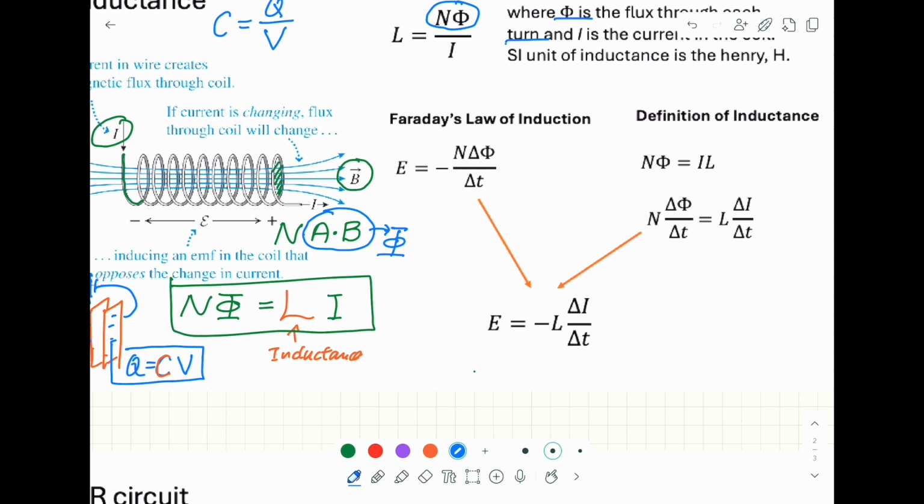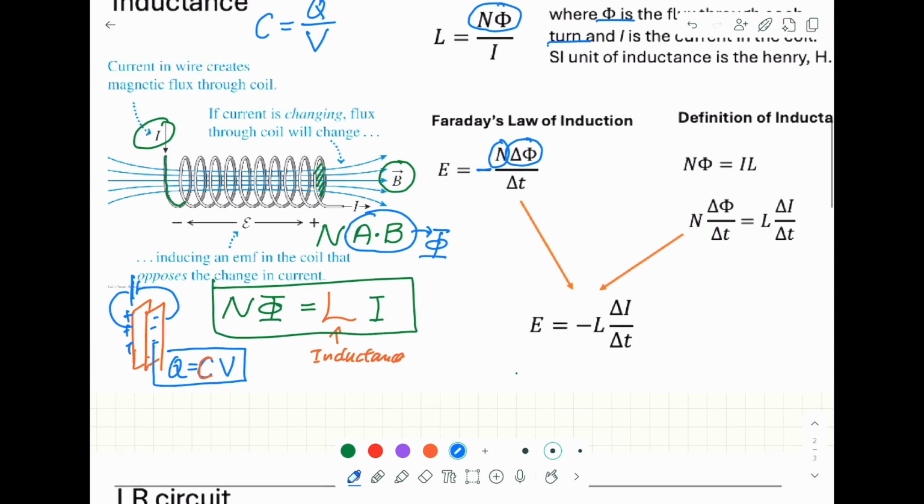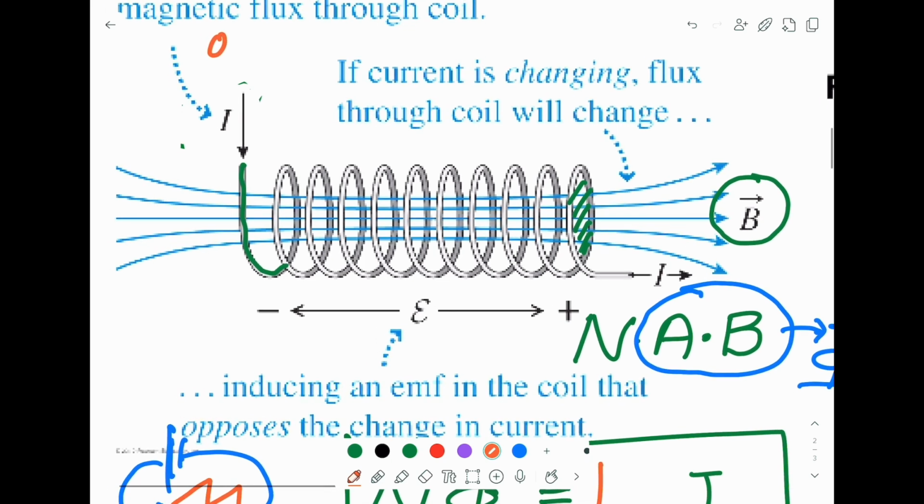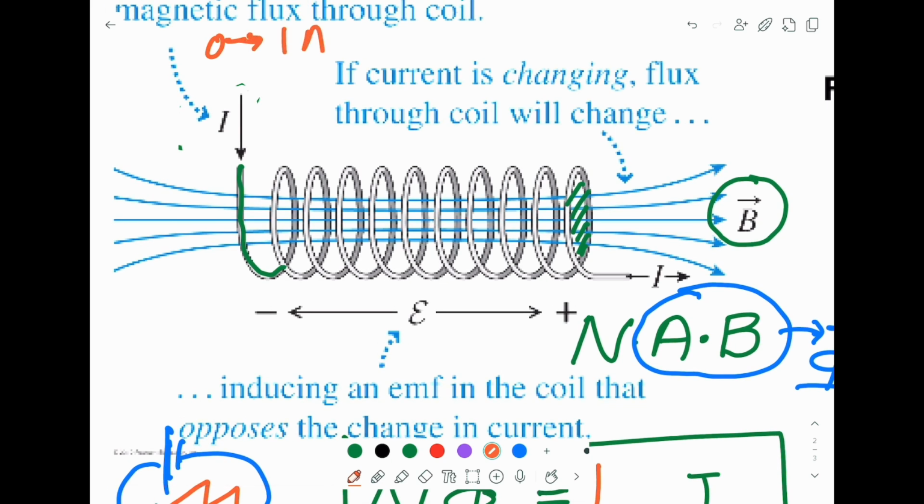Now, Faraday's law of induction says EMF is equal to minus the number of turns multiplied by the change of magnetic flux. What it means is, when you have a current here, you have a magnetic flux, but if this time your current starts changing, it can be from 2 to 3, from 3 to 2, or even from 0 to 1 ampere.